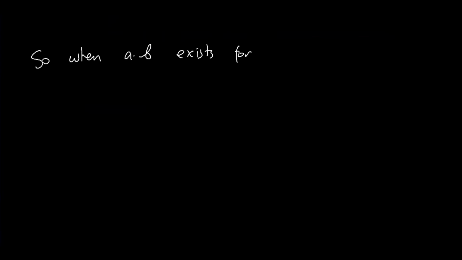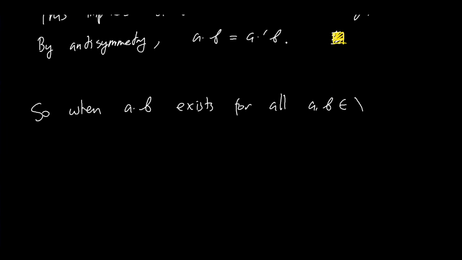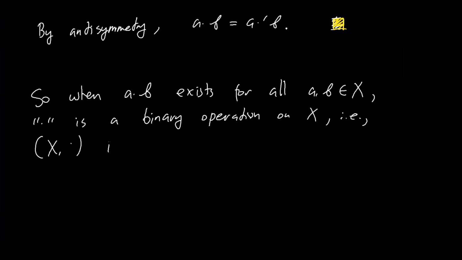And then we can conclude here, so that when A dot B exists for all A and B in X, in M, forgot now what it was called. It was called X, right? When A dot B exists for all A, B in X, the dot is a binary operation on X. In other words, X with a dot is a magma, right?